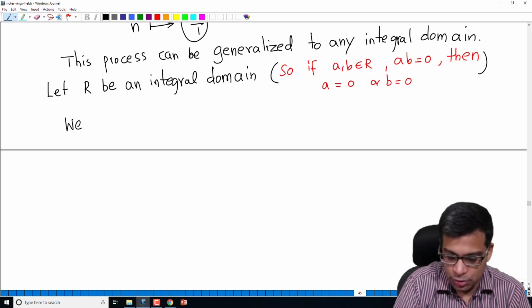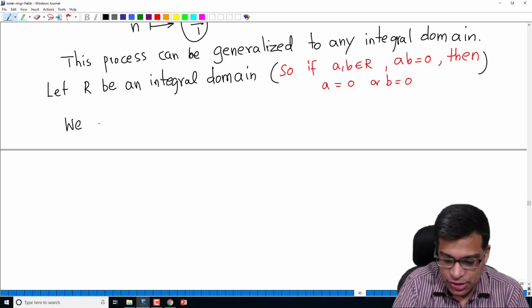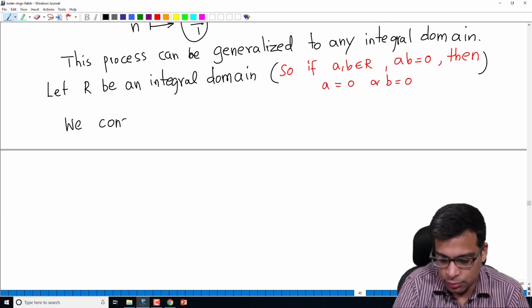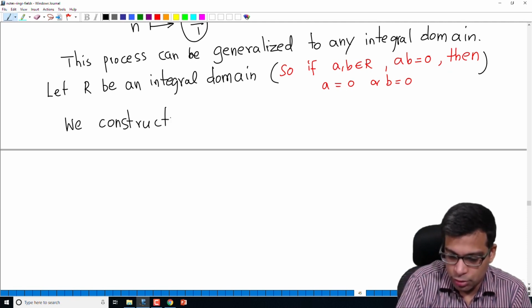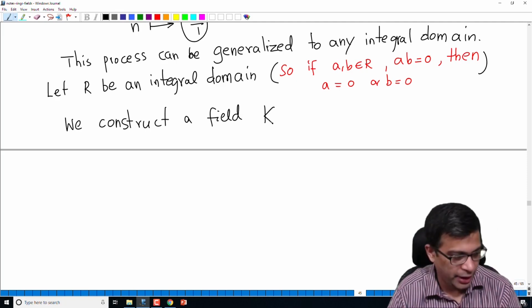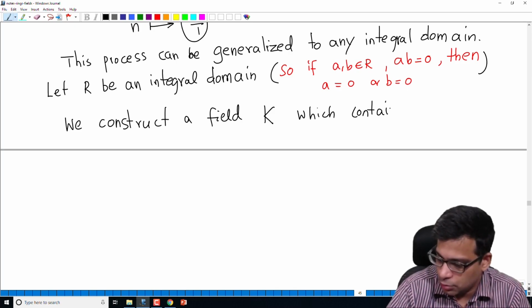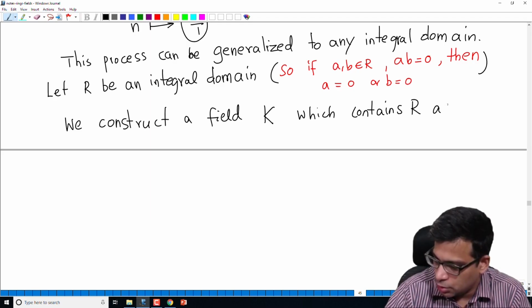We construct, or we define, a field, let's denote that by K, which contains R as follows.